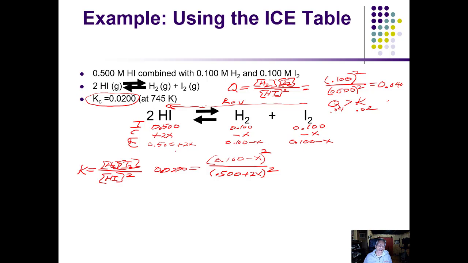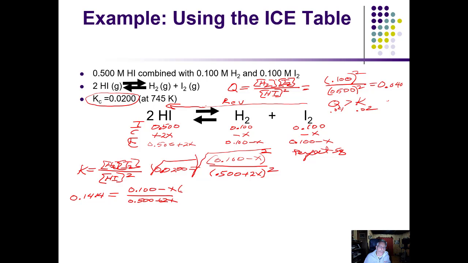I have a perfect square. And whenever I have a perfect square, I can go ahead and take the square root. You're going to want to remember that. So when I do that, I have 0.1414 is equal to 0.100 minus x divided by 0.500 plus 2x.